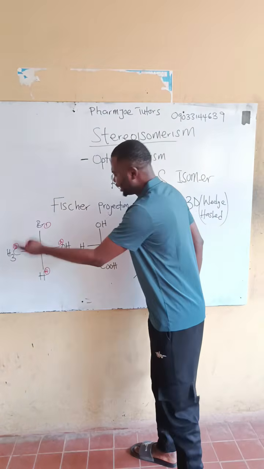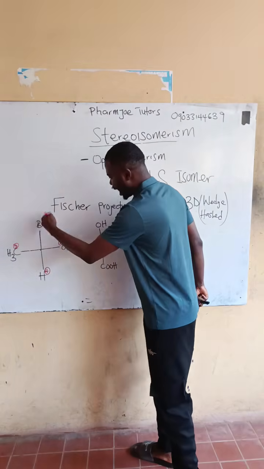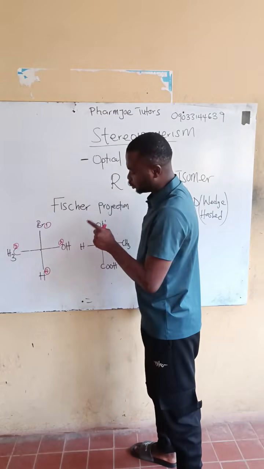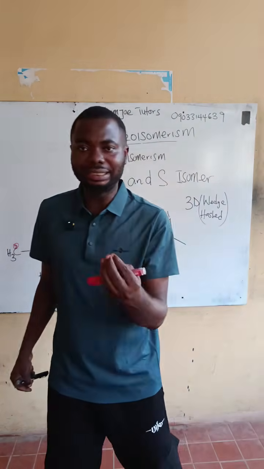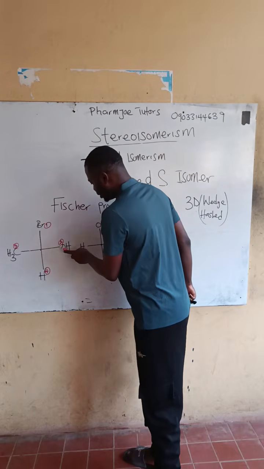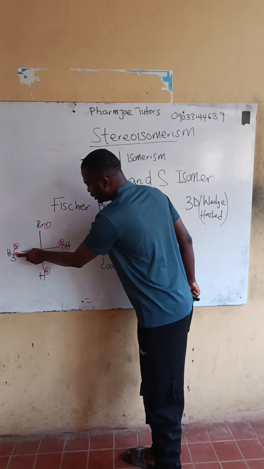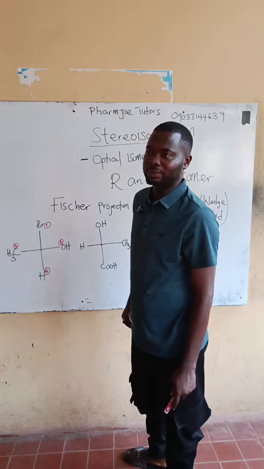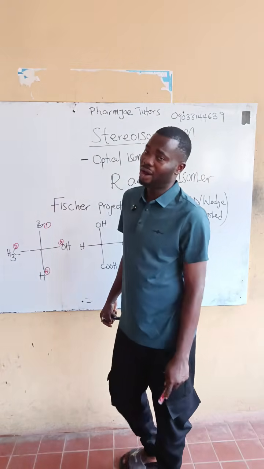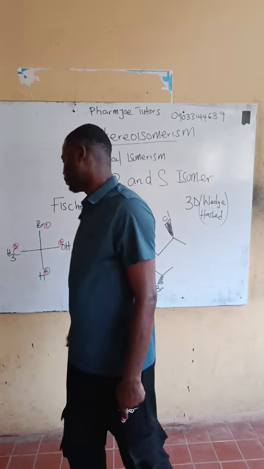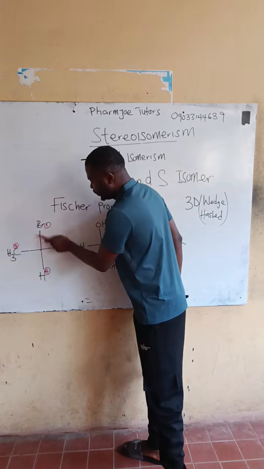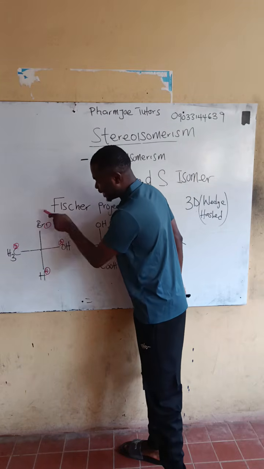The rule is that anytime you want to assign R or S, you must ensure that the lowest priority is in the right position. Between bromine, OH, hydrogen, CH3, which of them has the lowest priority? Hydrogen. The lowest priority, which is hydrogen, must always be on the vertical line.